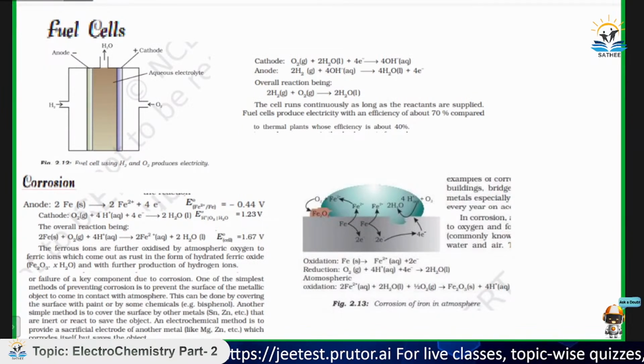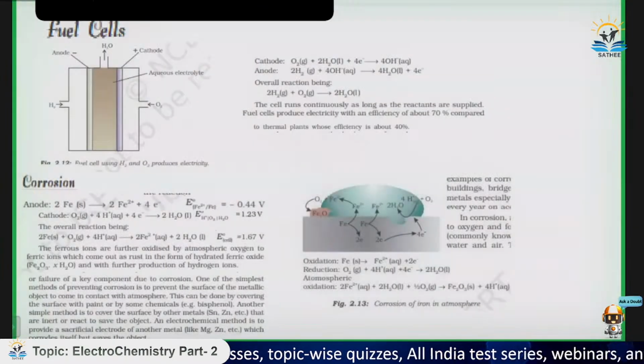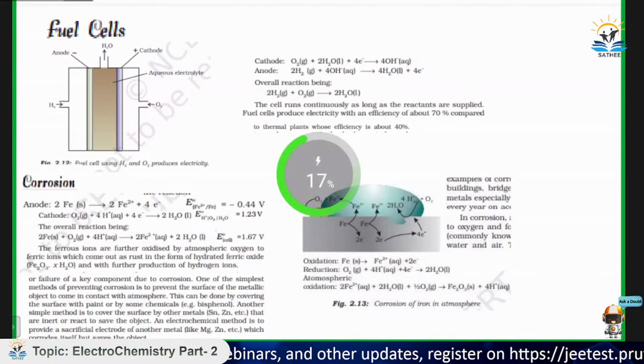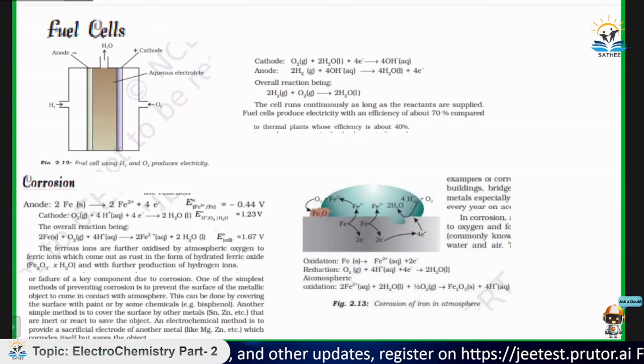Corrosion or rusting. Corrosion is essentially rusting.